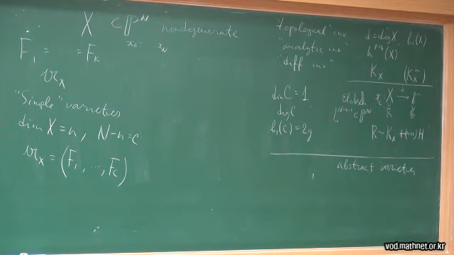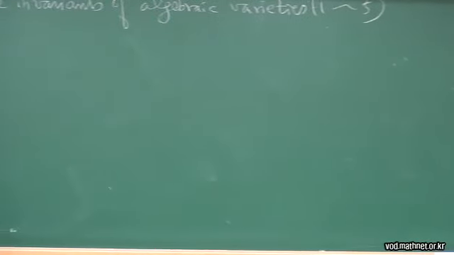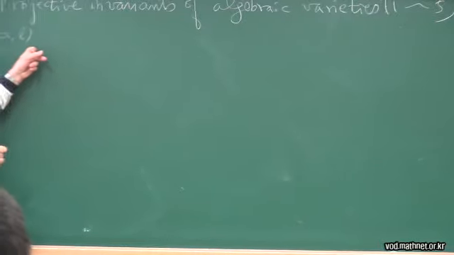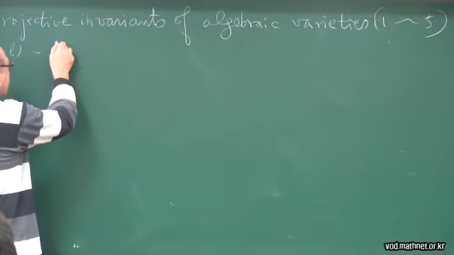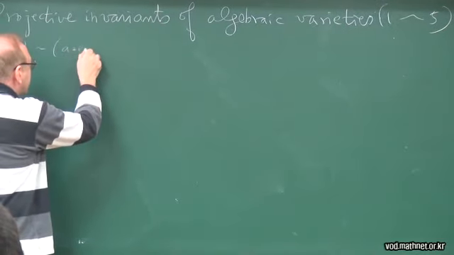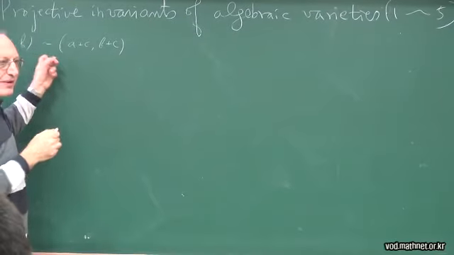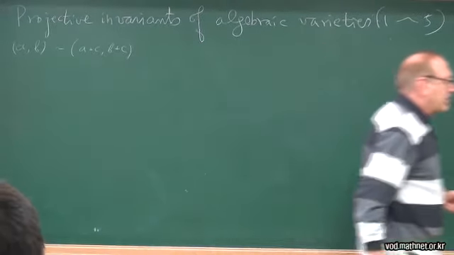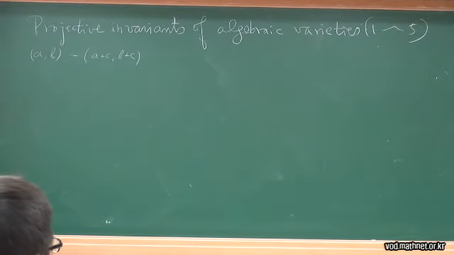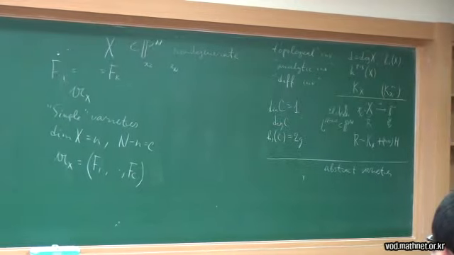You can define a negative number as a couple of two positive numbers, and then you say that two couples like this are equivalent for any positive C. And like this you can define a negative number. Simply like this they defined a canonical class. And all other invariants are of a similar nature.